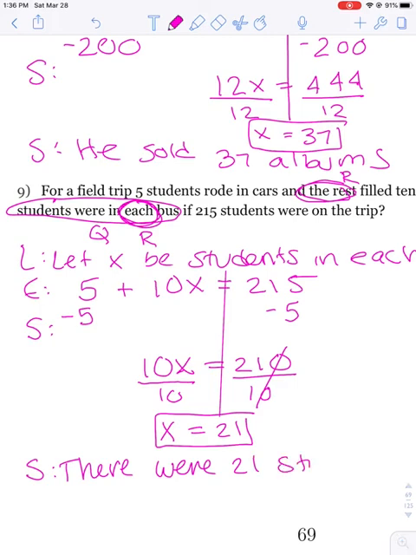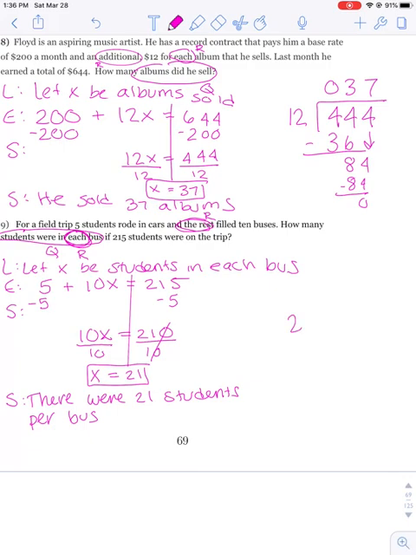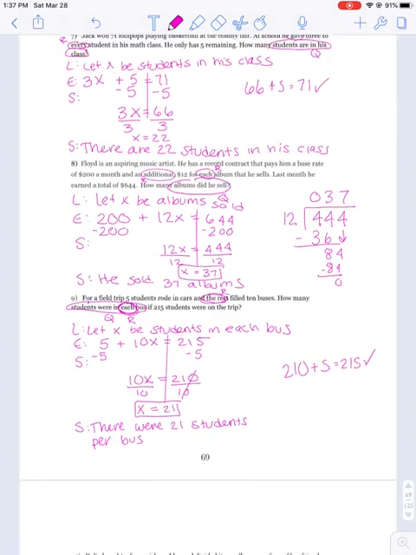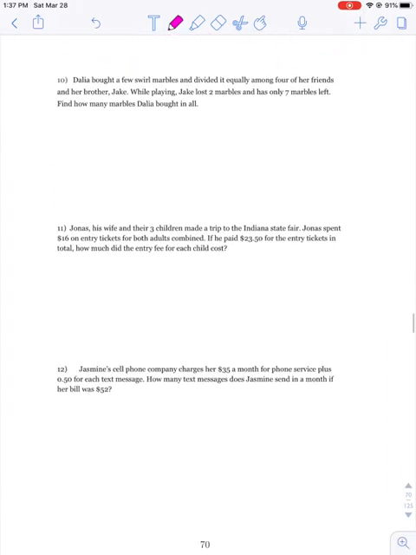So there were 21 students per bus, or in each bus, however you want to say that. And let's see if it makes sense. 21 students in each of the 10 buses would be 210 students, plus 5 that drove in cars. Yep, that equals 215. So that's just a good way to check at the end.